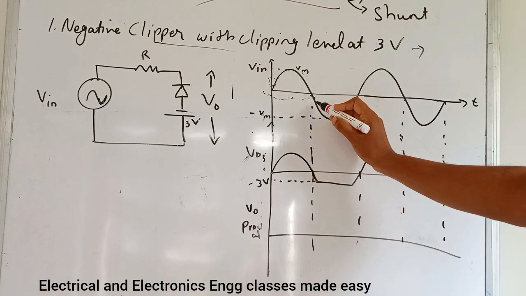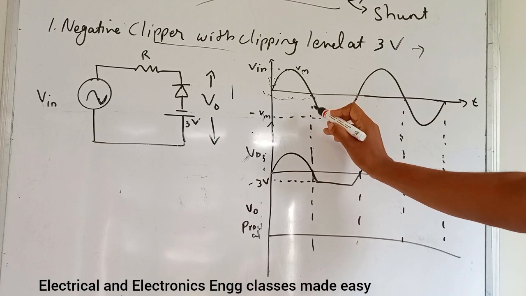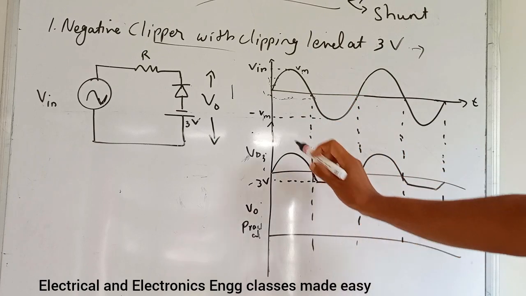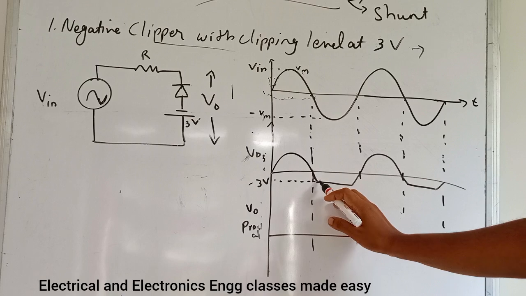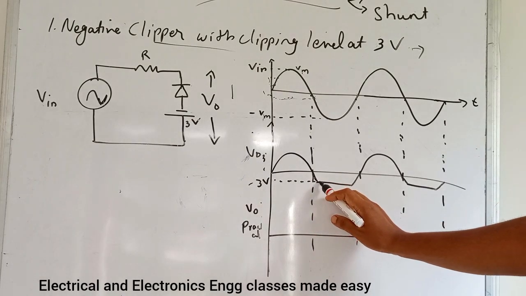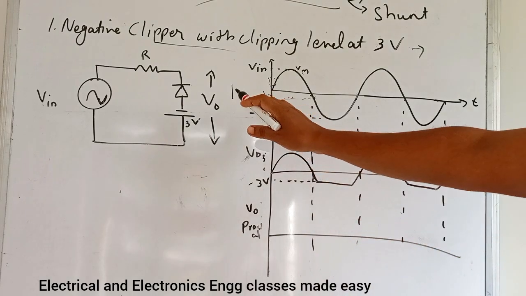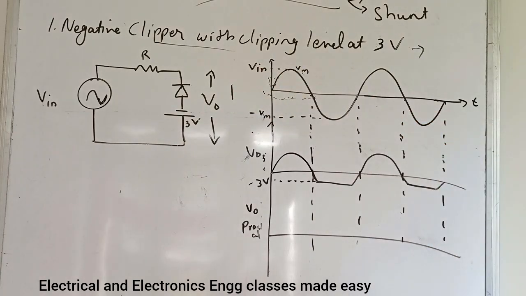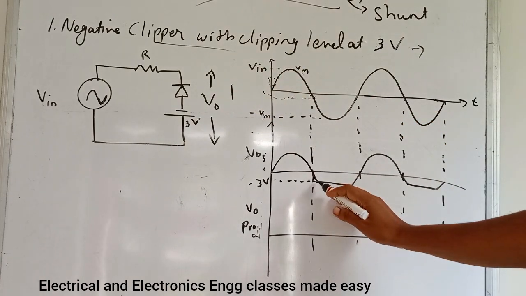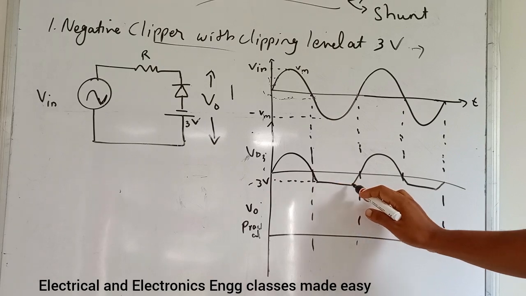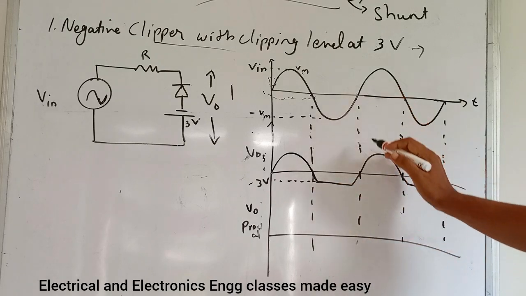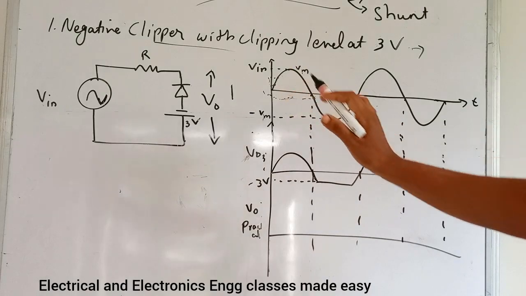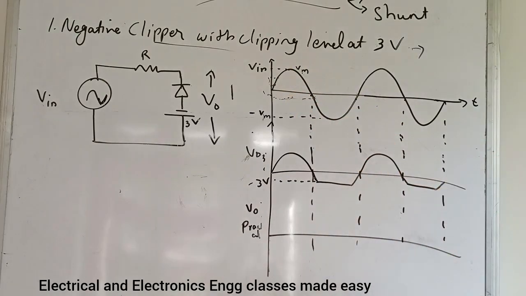Hence we will get the output waveform, that is input waveform across this diode up to this minus 3 volt. Then above this minus 3 volt in the negative direction, it will be conducting, that is the diode will be acting as a closed switch. So we will get the output waveform like this. Then again during the positive half cycle, it will not conduct, then we will get the output like this.